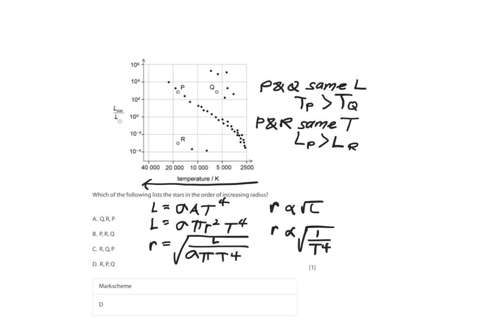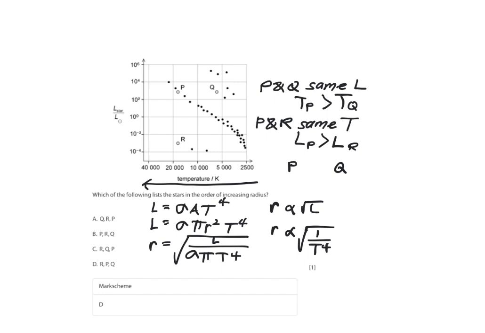So as temperature goes up, radius goes down, and so in order of increasing radius, P has a smaller radius than Q does, because P has the higher temperature, and again, R is inversely proportional to the square root of 1 over T to the fourth. So temperature has the greater influence.